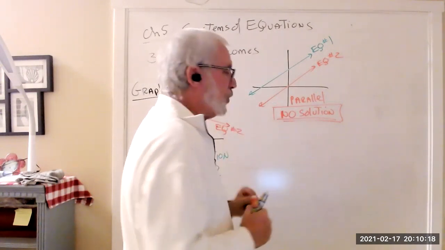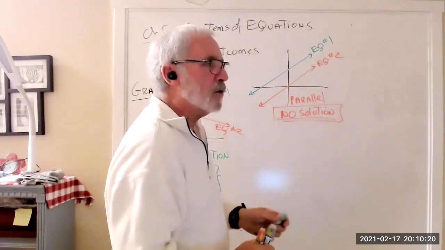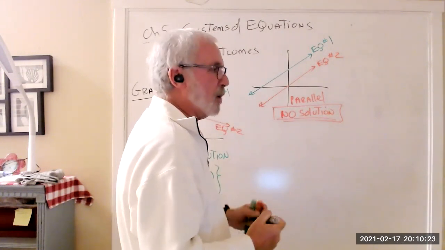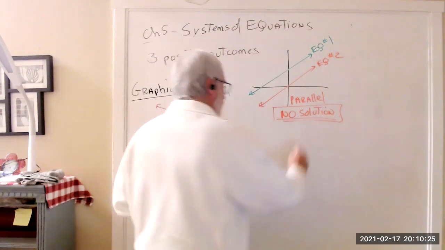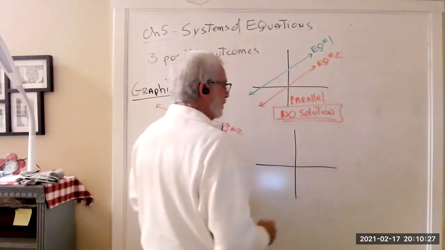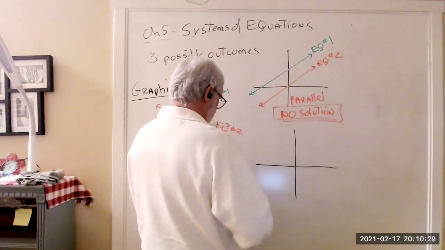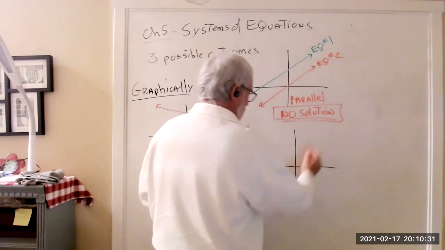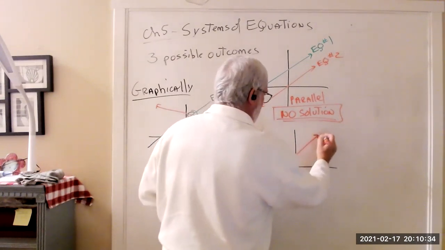Okay. Third possibility, and it's the weirdest of all, and students really balk at this. Okay. Students really balk. Let's say equation number 1 looks like this. You graph it.